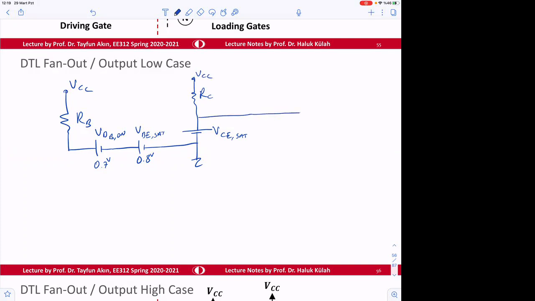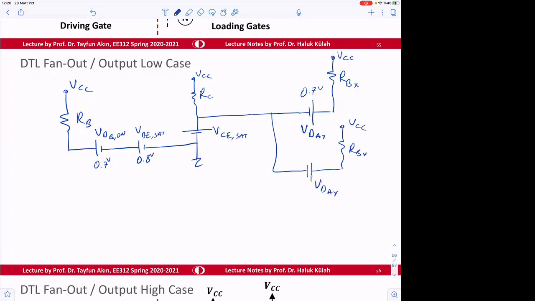And then from the next gates, there's this one, RBX, VCC, and then 0.7 volt, VDAX. And then there will be one more, RBX, and then VDAX, and then maybe one more, okay.